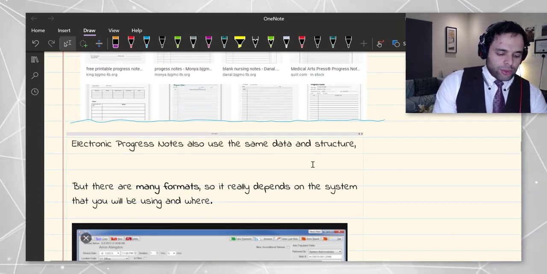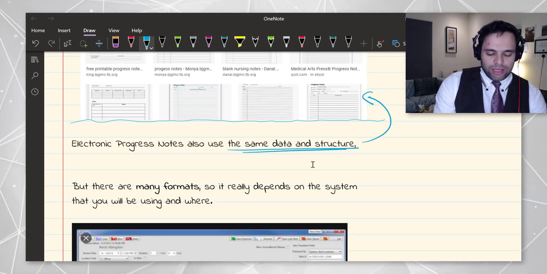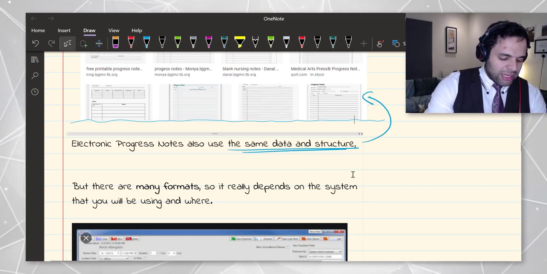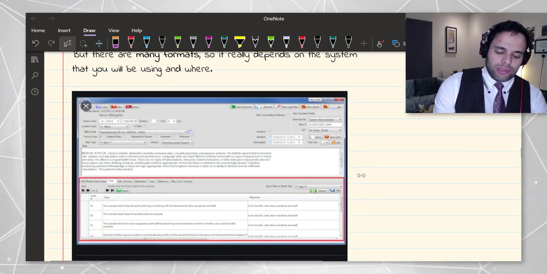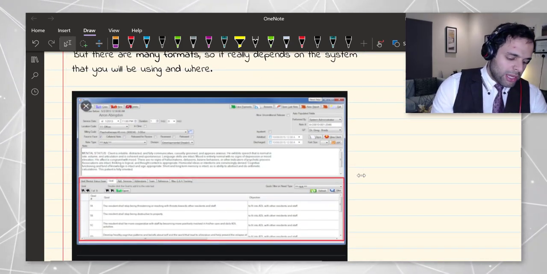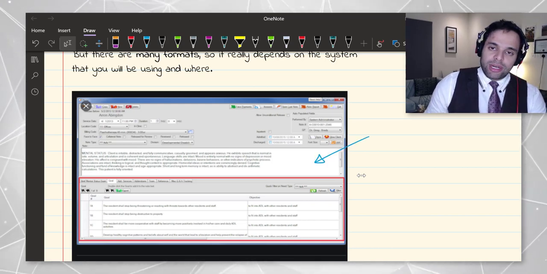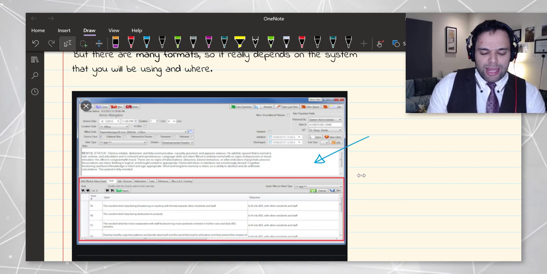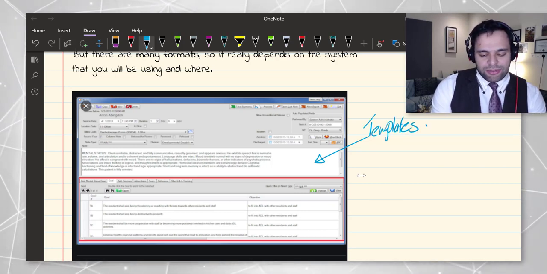Electronic progress notes use the same data and structure as the things you see here, but obviously there are many different formats of the system, so they're going to have the same components that we mentioned above in blue. This is an example of an electronic progress note. Electronic progress notes help us by providing the possibility of templates.